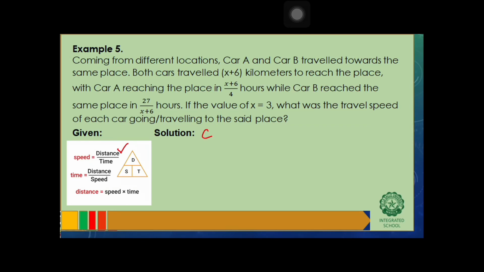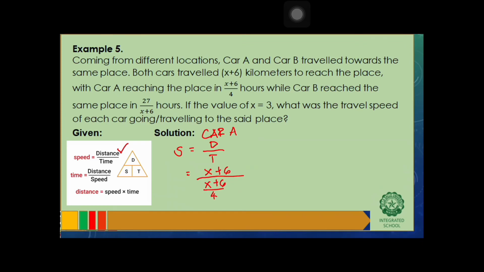For car A, again, speed is equal to distance over time. So the distance of car A is x plus 6 all over the given time for car A, which is x plus 6 over 4.